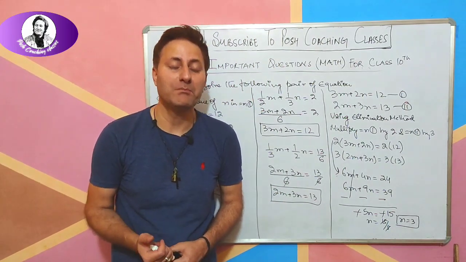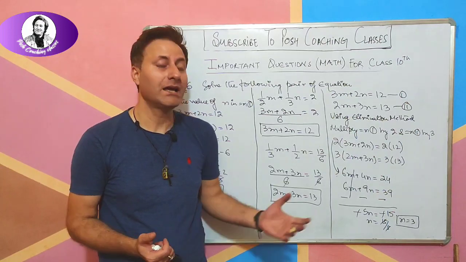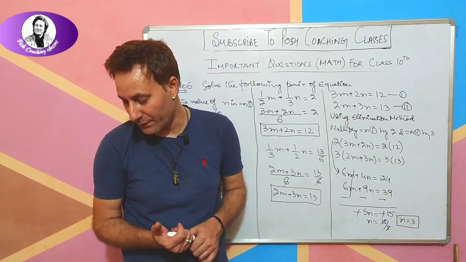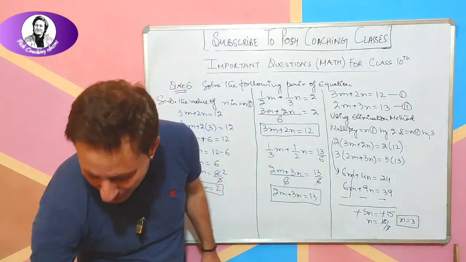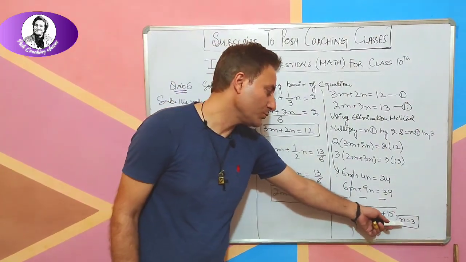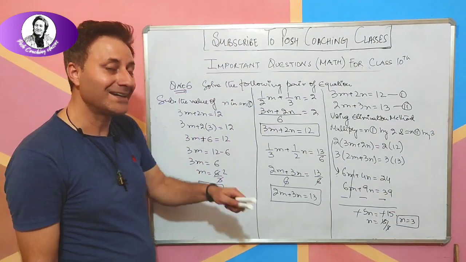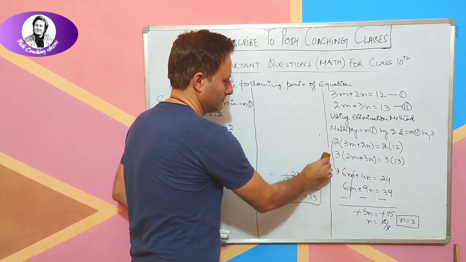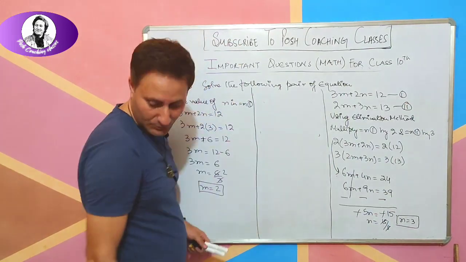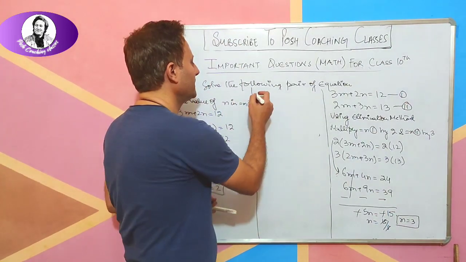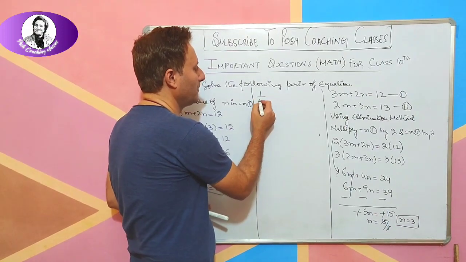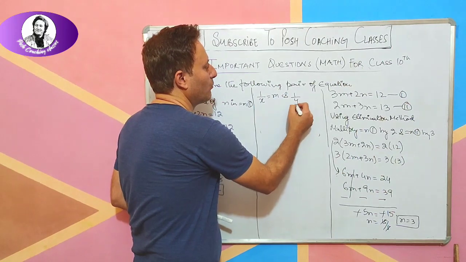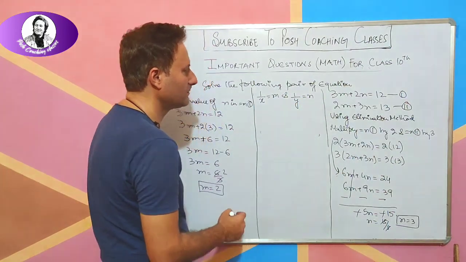But if we remember, the question was never in m and n. The question is in x and y, if I remember correctly. Yes. So we need to use these two values and get back to x and y. So if you remember, what I did was, it was 1 upon x was m and 1 upon y was n. Remember, right?